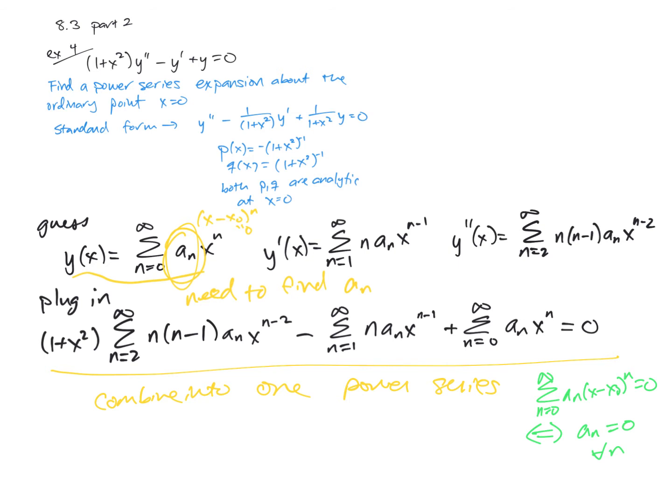So if we can combine everything on the left-hand side of our equation into one power series, then set the coefficients equal to 0, that'll give us some relationships, some equations that we can use to solve for the a_n.